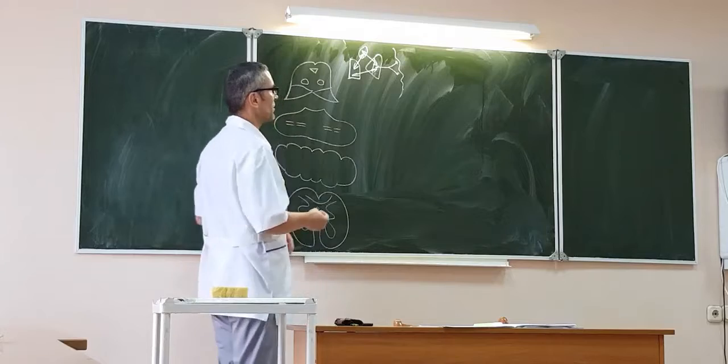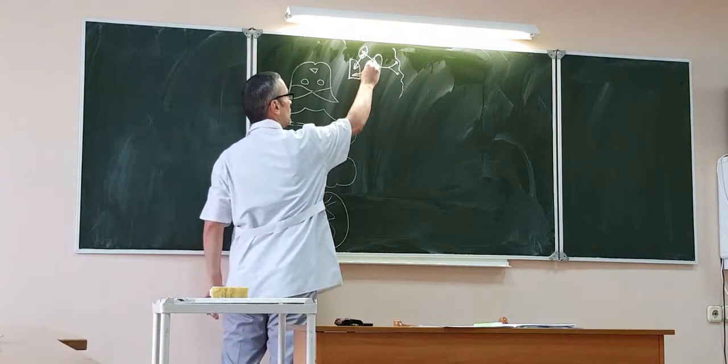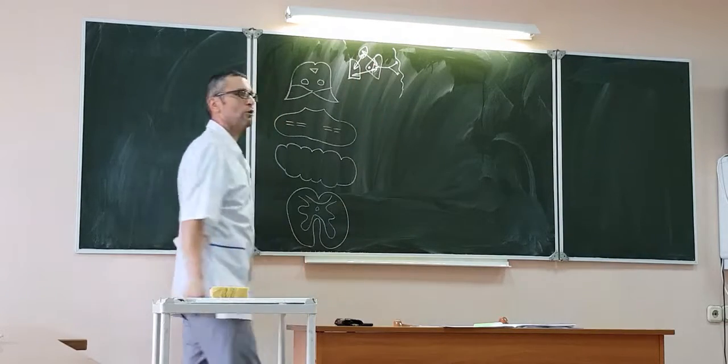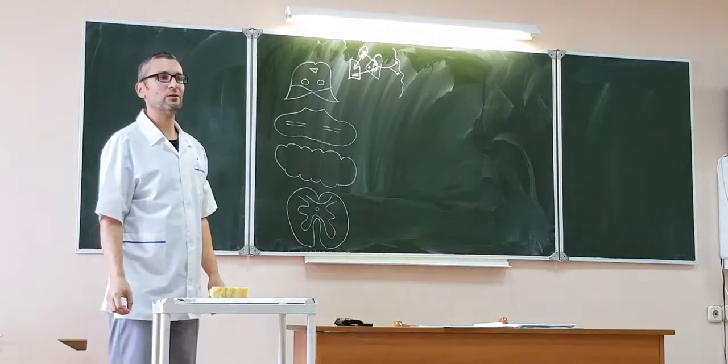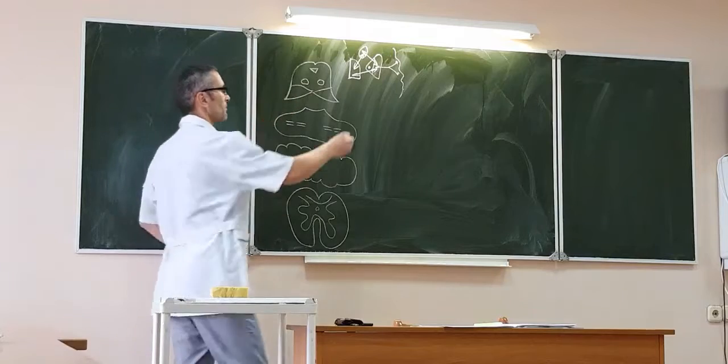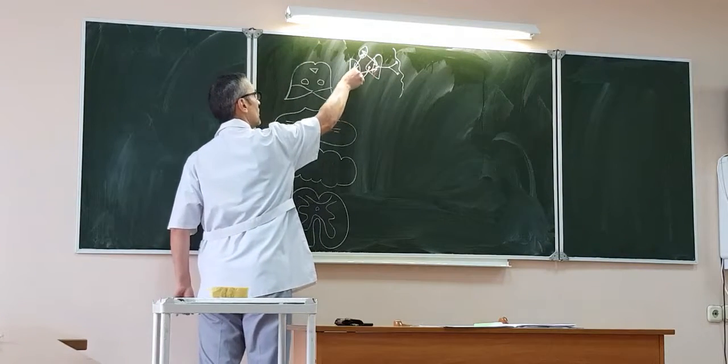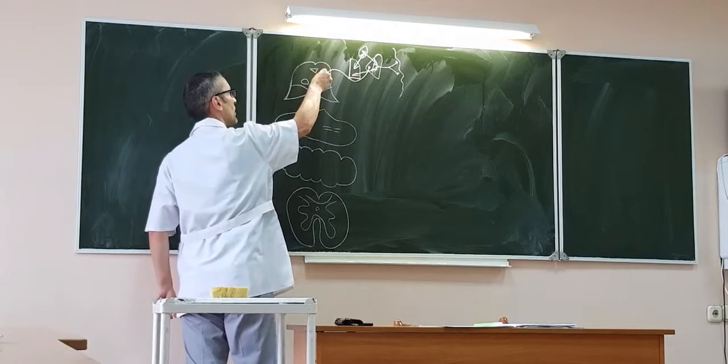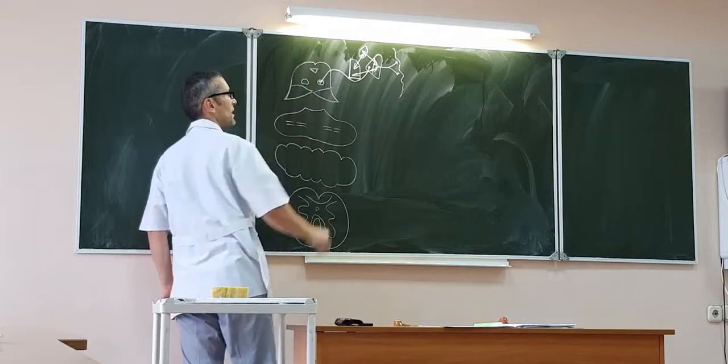Afterward, all this information is collected in the pallidum, in the globus pallidus, and globus pallidus sends this nerve impulse to the nucleus ruber, and it goes like that. It comes to the nucleus ruber and interrupts here, makes a synapse.